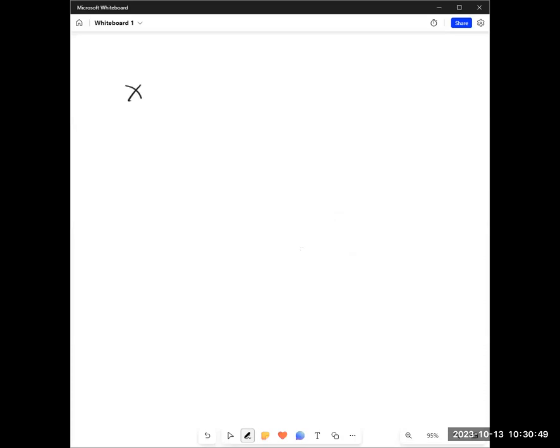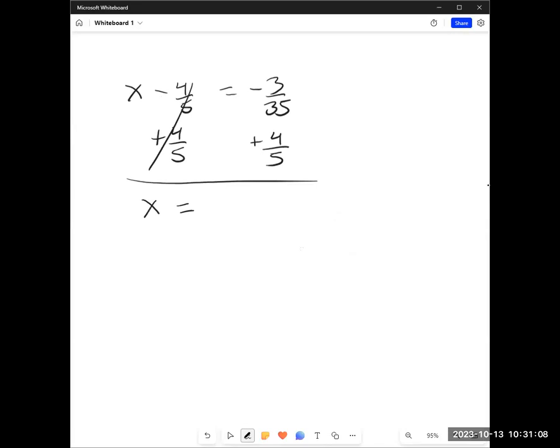Now I have x minus 4/5 is equal to -3/35. So I'm going to add 4/5 to both sides. When we add fractions, we have to have common denominators.